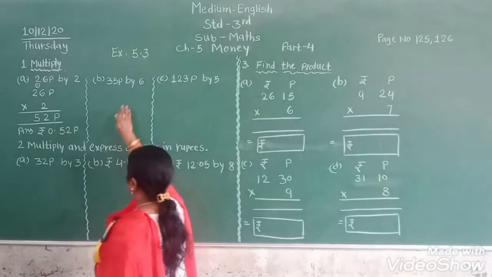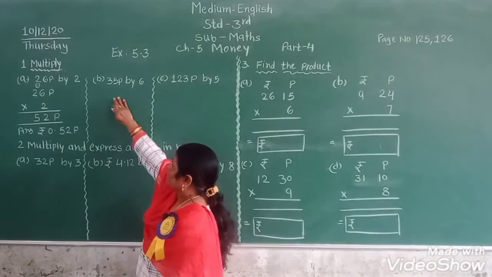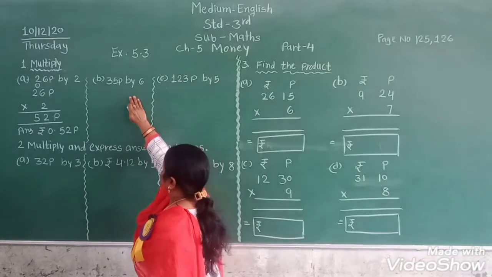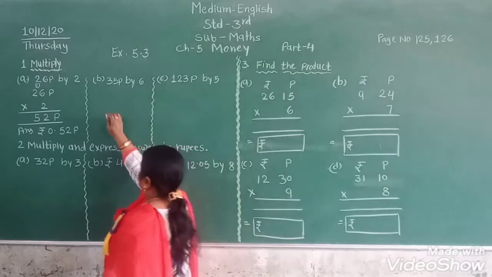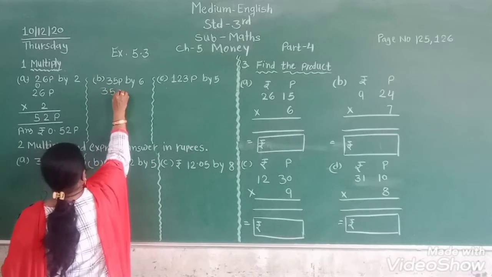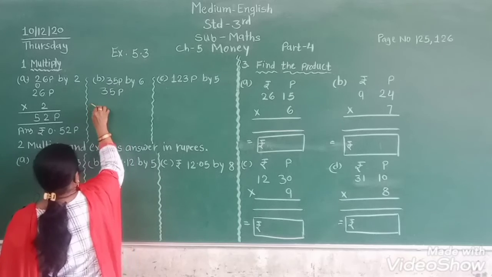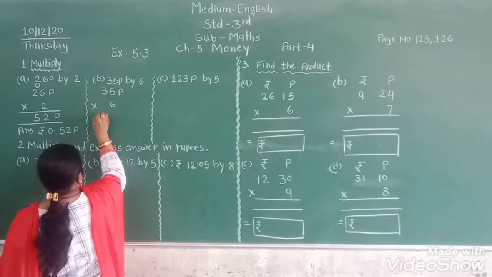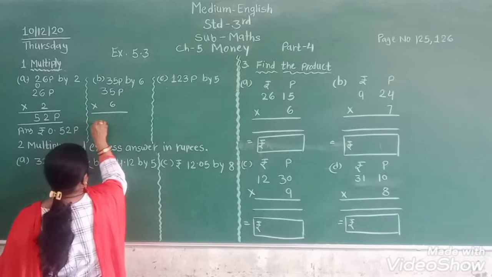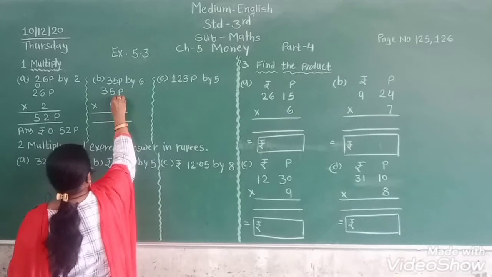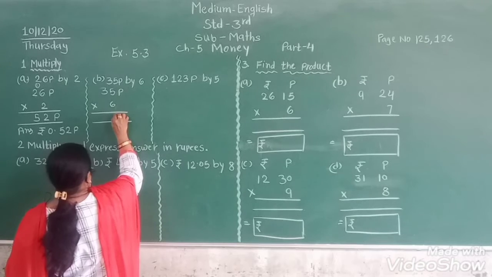Okay. Now second sum given: 35 paise multiply by 6. Now we will multiply. 6 5s are 30.